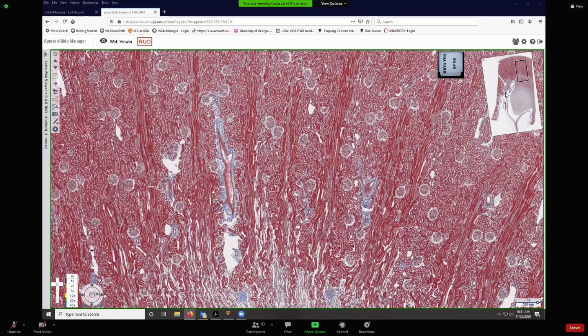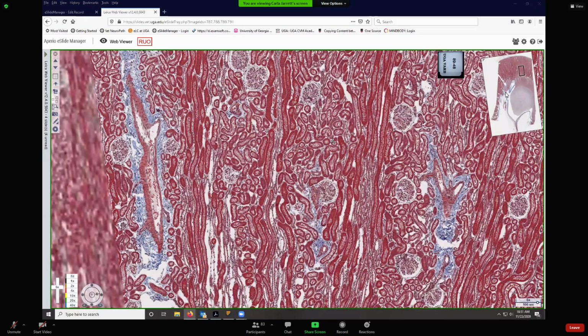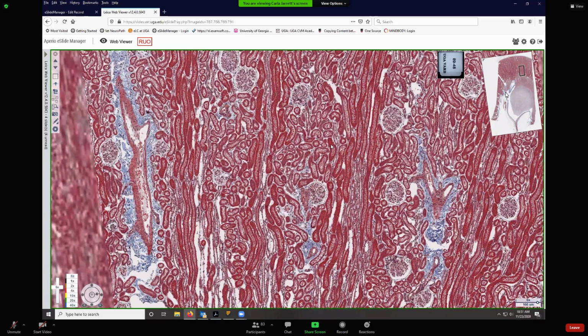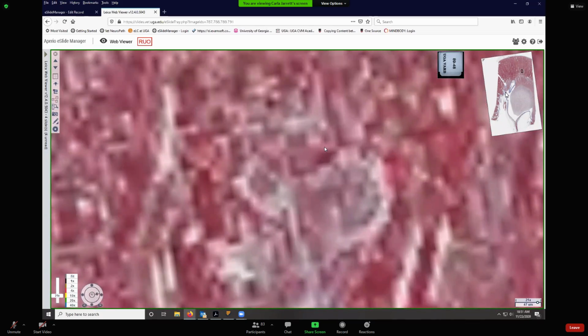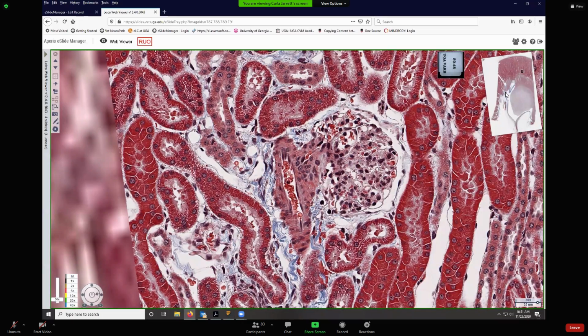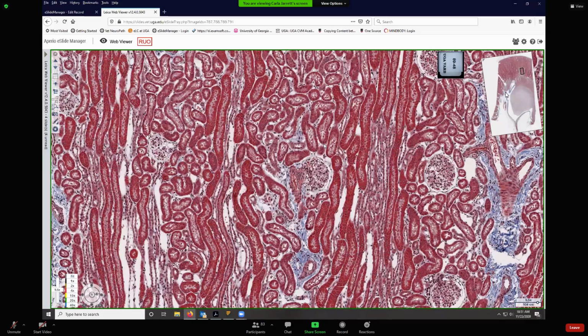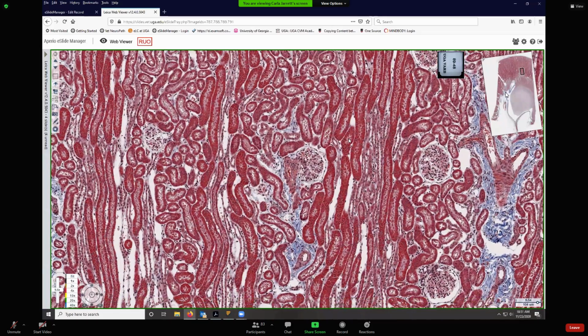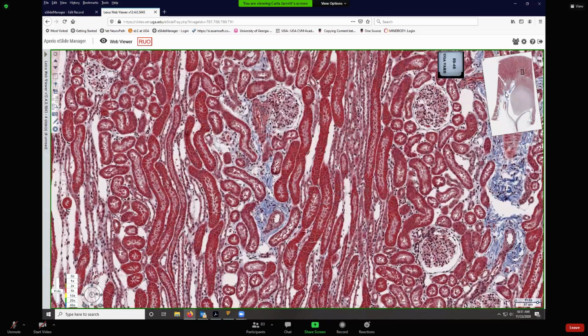So next we were asking about the JG apparatus. And this was just a question designed to test your knowledge of the JG apparatus and can you identify everything associated with it. So what makes up the JG apparatus? What's in the JG apparatus?